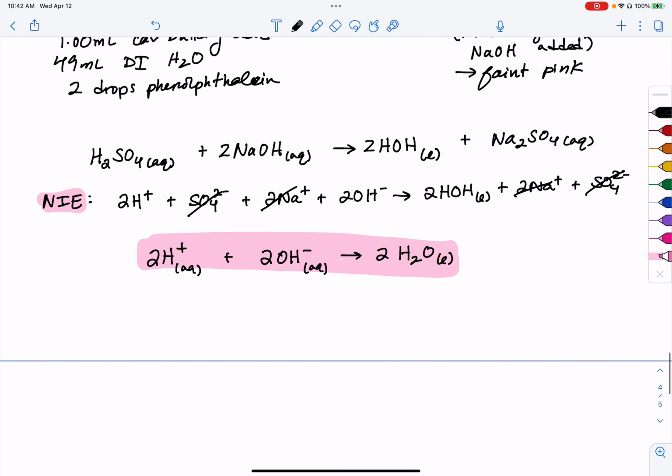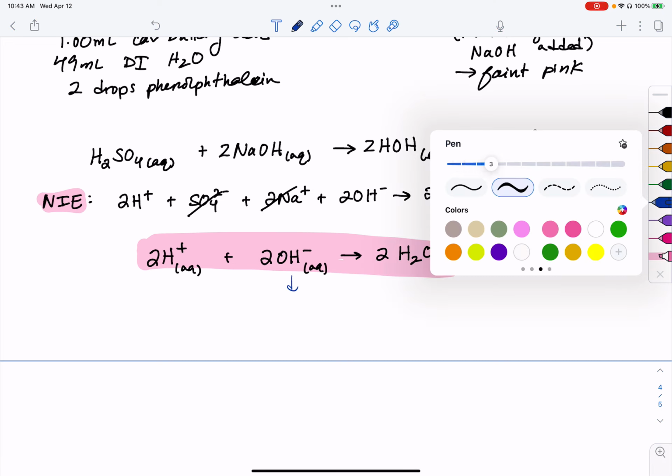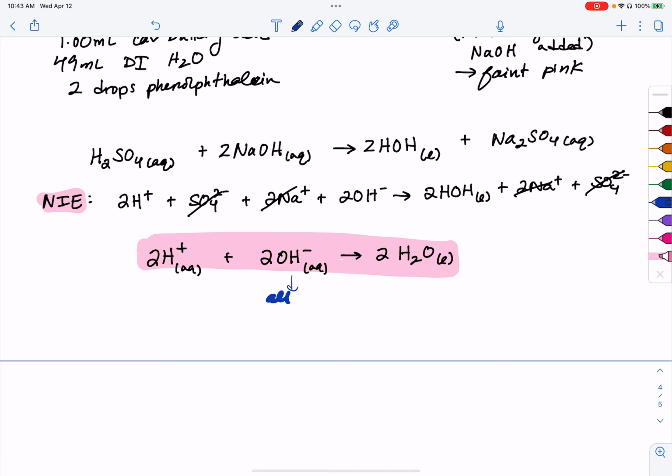And I know that all of my actual quantity of NaOH that was added has perfectly neutralized at equivalence all of the amount of H, which came from H2SO4, that was present in the sample.